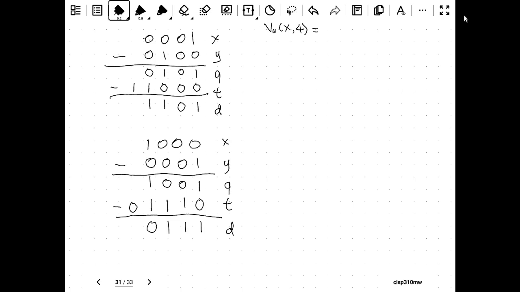I think that's just 1. Is that okay? What about VU of Y, 4? I'll let you quickly come up with that number. 4, that is correct. How about VS of X, 4?